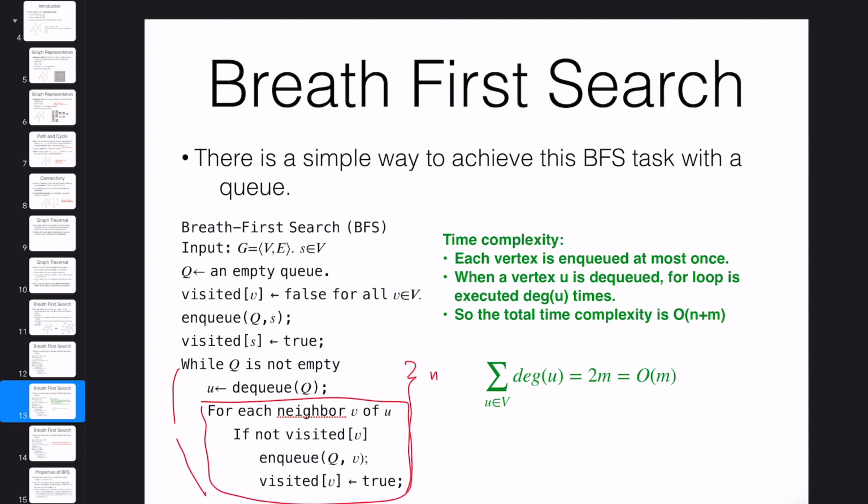How can I calculate the total time complexity, the total number of times that this part is going to be done? You can see that pushing to the queue is going to be constant, removing from the queue is going to be constant. So whatever you have here is going to be a constant cost.